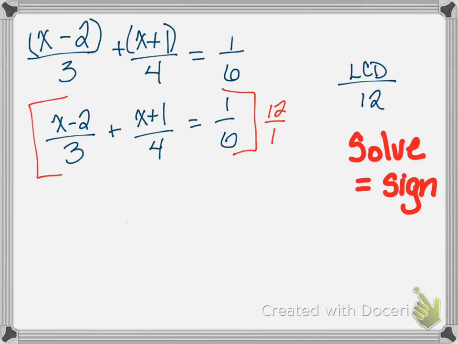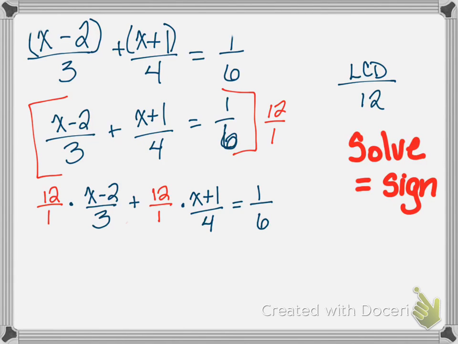So now I am going to multiply 12 over 1 times x minus 2 over 3. Then I've got 12 over 1 times x plus 1 over 4.